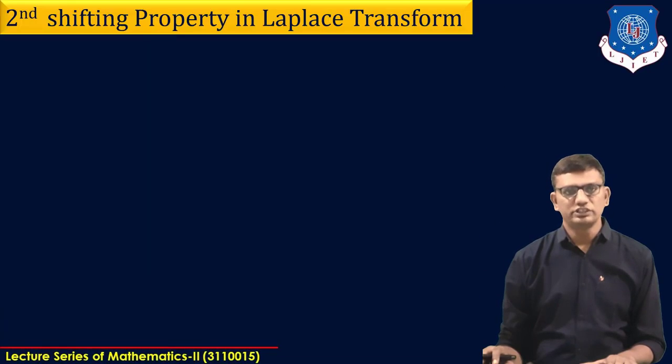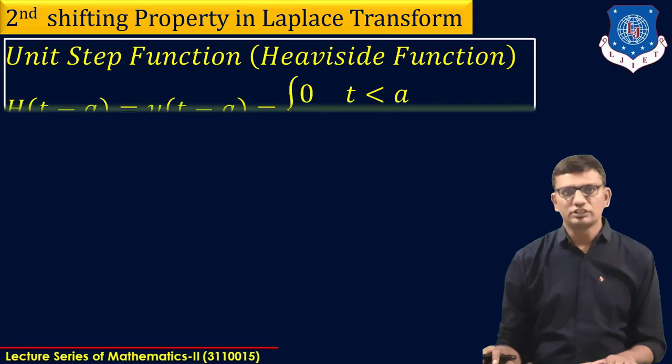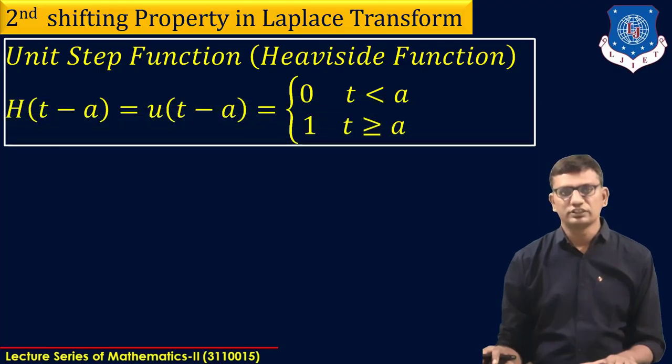Now we will see the second shifting property in Laplace transformation. Before starting this property, we have to understand what a unit step function or Heaviside function is. The unit step function is denoted as u of t minus a, or the Heaviside function is denoted as h of t minus a, and it is defined as 0 for t less than a and 1 for t greater than or equal to a.